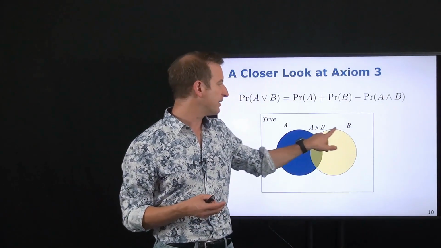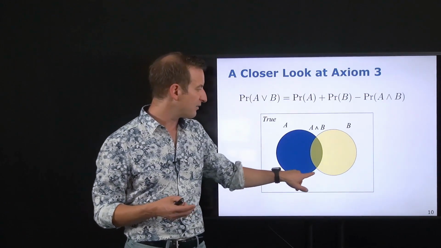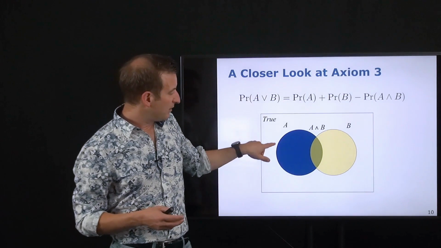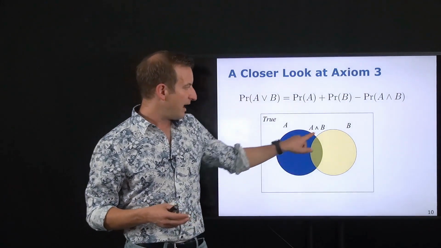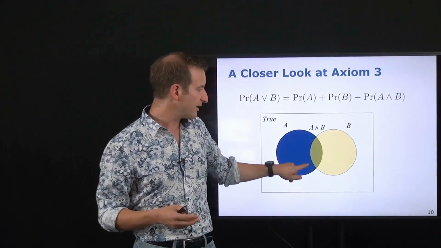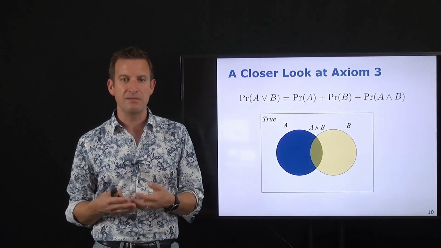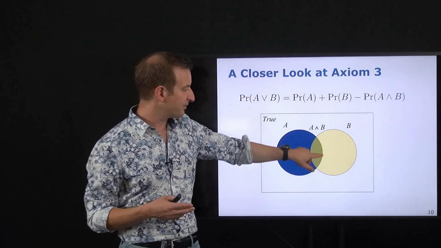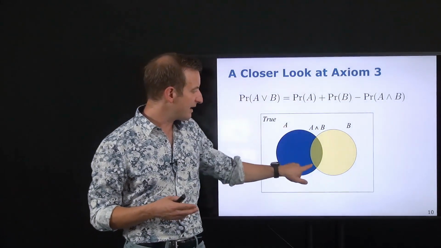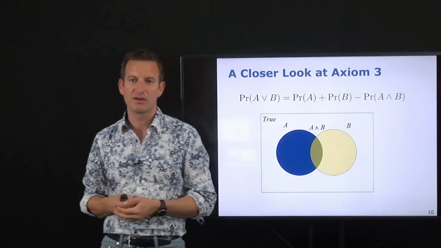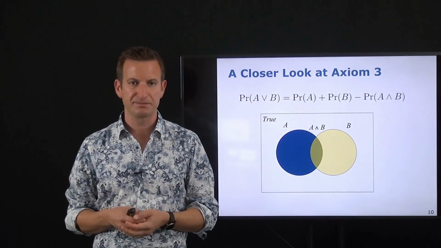It can be visualized by this area, spanning either A is true or B is true. But if you count the area of A and the area of B, this area in the middle here you have actually counted twice. This is the area that A and B holds. And therefore we have to subtract it once in order to actually get that area over here.